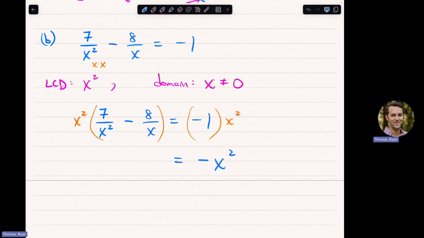What's the left-hand side look like? 7 minus 8x. Here, x squared cancels entirely, right? And then here, we can reduce by 1. X squared divided by x reduces to just x. So I've got x times 8.